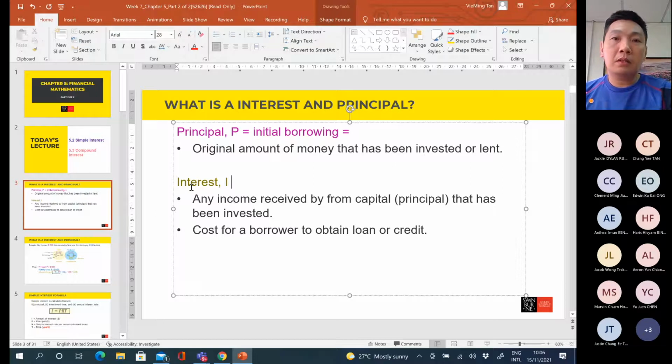The principal here can be referred to as the amount of money that has been saved by the investor or customer, or the original amount of money that will be lent out by the bank to the customer in order to run a business, or maybe to buy a house or buy a car. We call this the principal. In return, the borrower has to pay interest, and we use I to represent the symbol of interest.